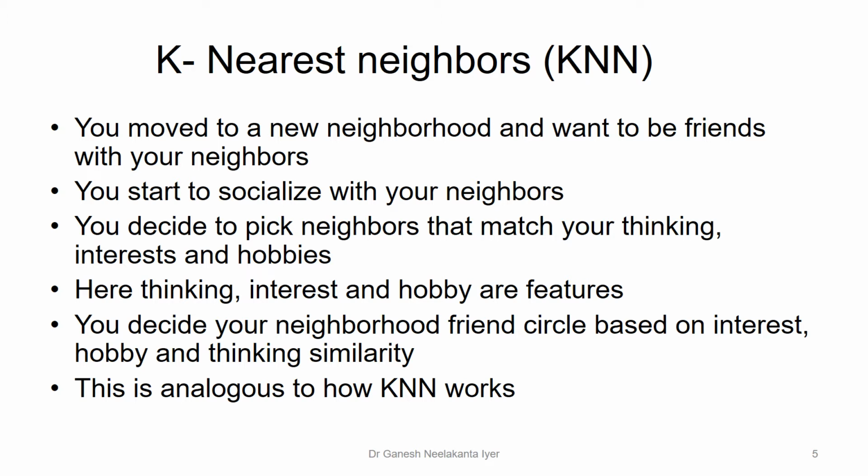You start smiling at some of the nearby strangers, tell them you are so and so coming from so and so place, listen to them, then slowly pick those neighbors who match your thinking, interests, and hobbies. Here, thinking, interest, and hobbies are features. And you decide your neighborhood friend circle based on interest, hobby, and thinking similarity. This is highly analogous to how the KNN, K nearest neighbors algorithm works.